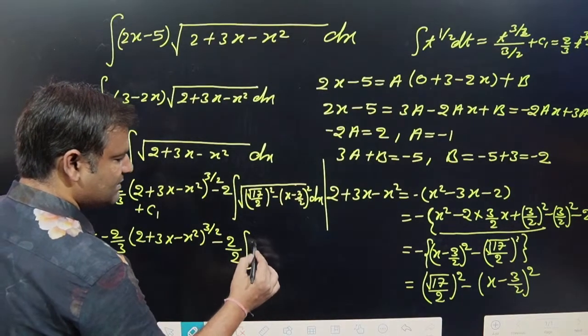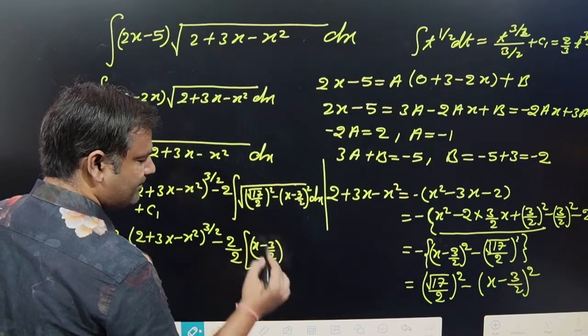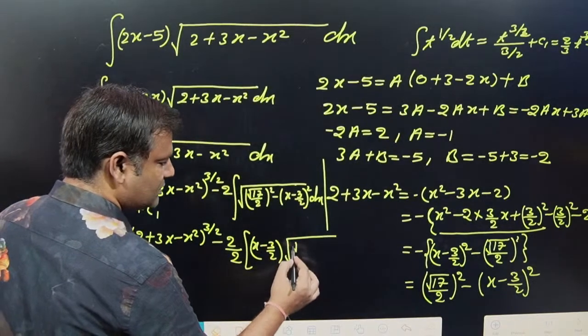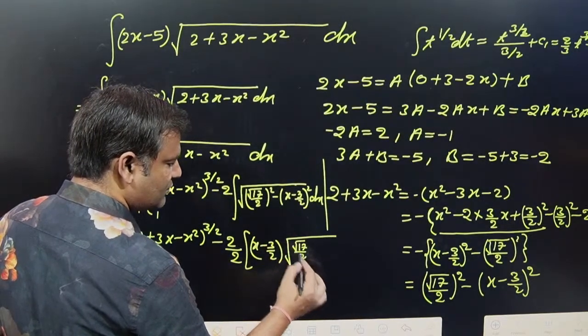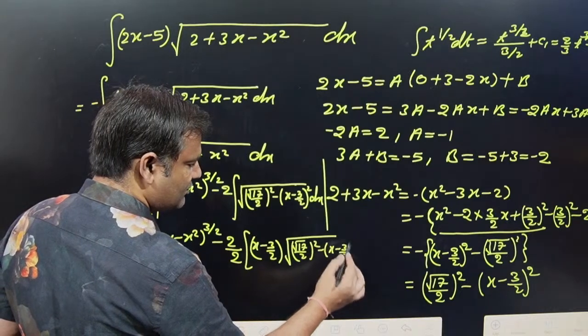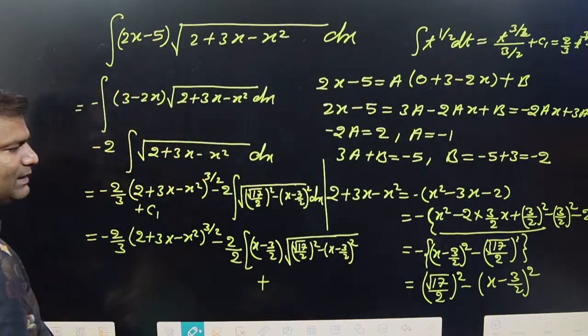x means x minus 3 by 2, into under root of root 17 by 2 to the whole square minus x minus 3 by 2 to the whole square, plus a square.